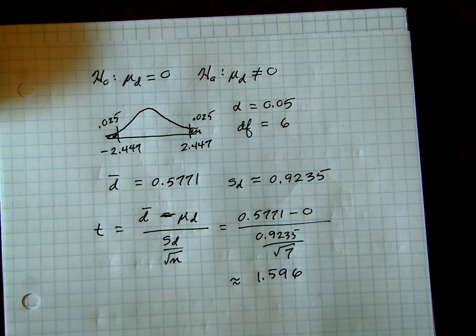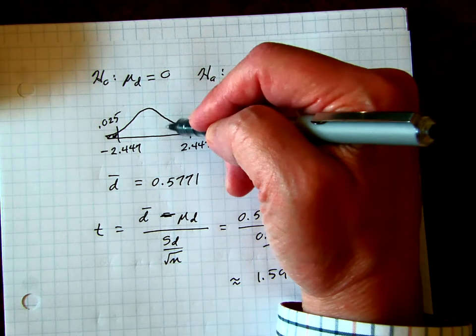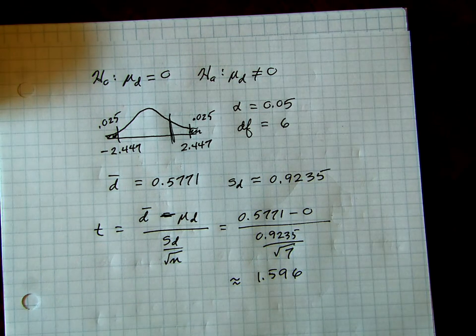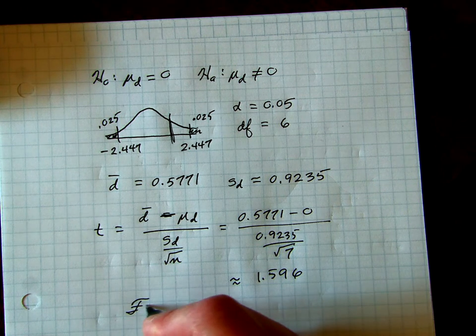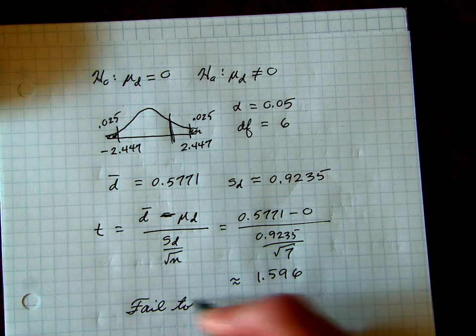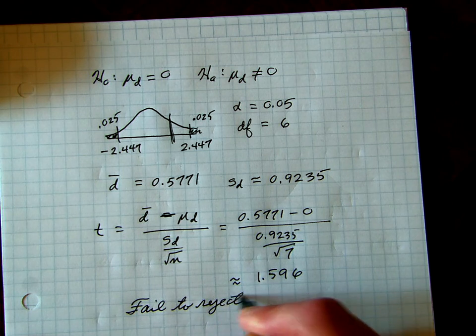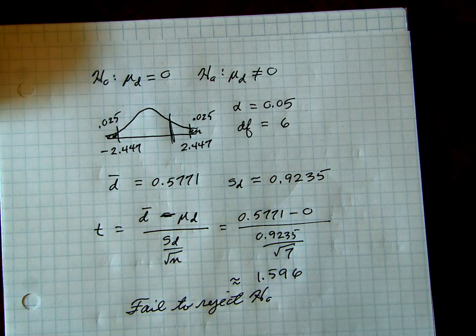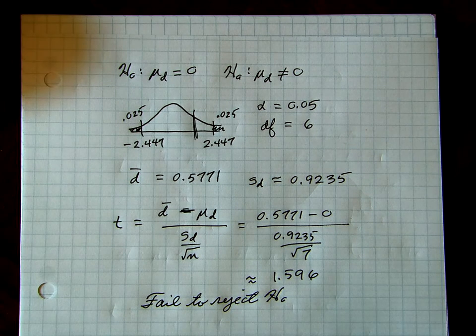Well, if you check that out, 1.596, that's not at all in the rejection region. So, fail to reject the null hypothesis. And what does that mean in this instance? It means that at the 5% level, we don't have enough evidence to conclude that the drug actually does affect the body's temperature. We can't conclude that there's evidence for change.